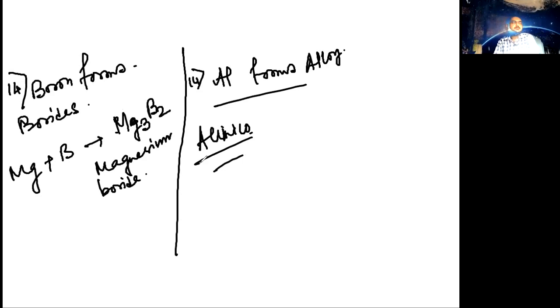Now we are seeing about the diagonal relationship between boron and silicon. Number one, this is the similarities of diagonal relationship. Now we write down the similarities first.